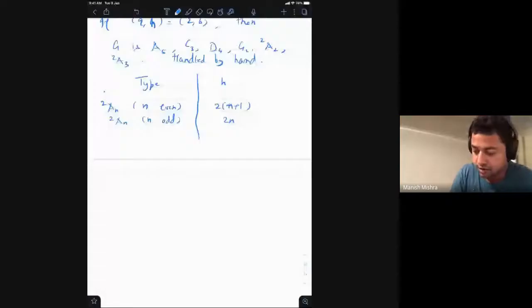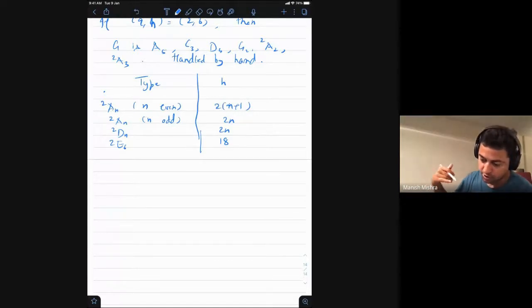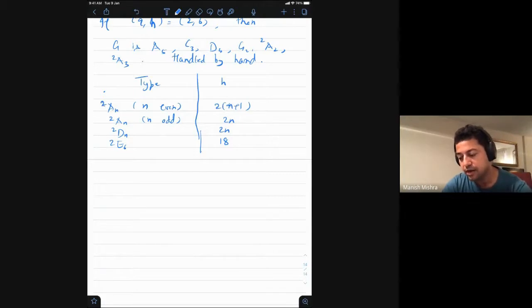In case of 2Dn, it's again 2n, and for 2E6, it's 18. Remember that sigma naught, the order of sigma naught, which is the degree of the splitting field over F, is 2. And that's what this 2 denotes. So if you divide by 2, you get n plus 1, n, and 9. Each of these is odd.